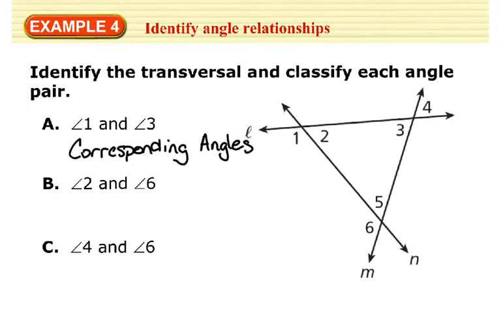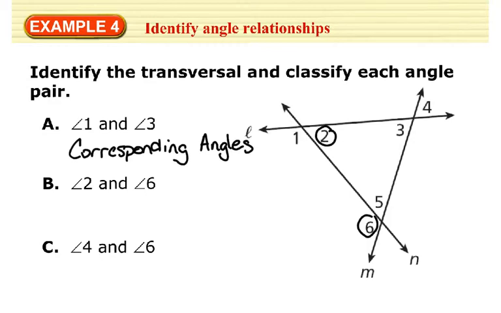Alright, now let's look at 2 and 6. Comparing these 2 angles, line N, this line right here, is going to be our transversal. And see how 2 and 6 lie on opposite sides of that line? Well, that tells us it's going to be one of the alternate types of angles, so alternate interior or alternate exterior.